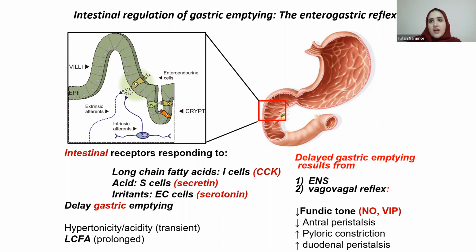We're not going to have the 3 waves per minute; it will decrease to a lower number, or it can go down to 0. It will also cause the pylorus to constrict. The pylorus constricts, the antrum cannot push the food anymore, and the duodenum will start having its own peristalsis, all because of the release of CCK and secretin.